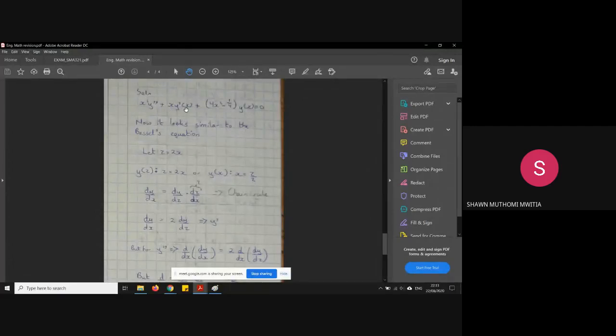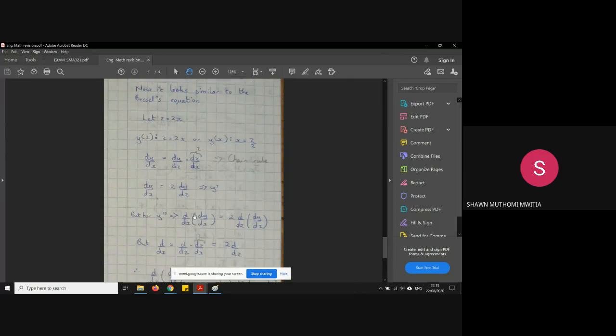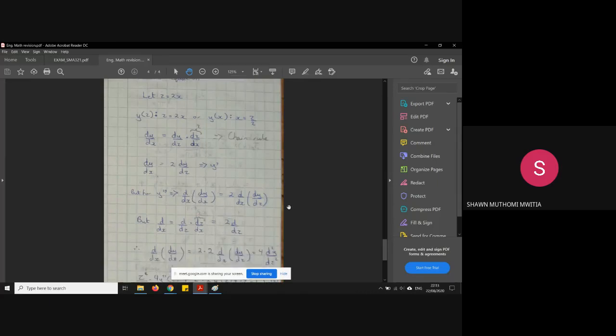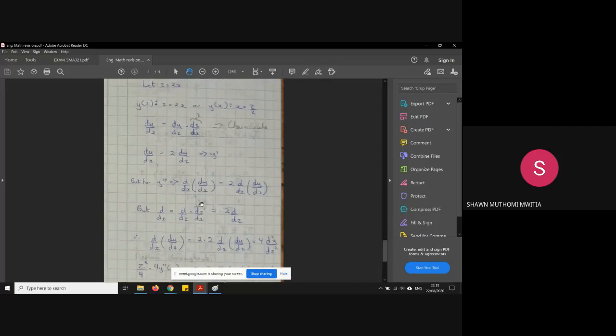So now we have to get our new second derivative, which will just derive what we had over here. So d over dx of dy over dx, which we got as 2 dy over dz. I've just factorized out the 2. So now we're just doing the derivative with respect to x of dy over dz, and dz over dx equals 2.